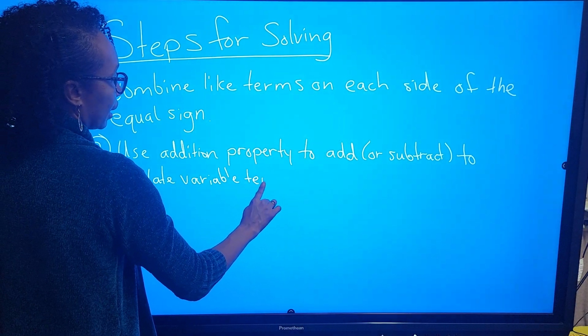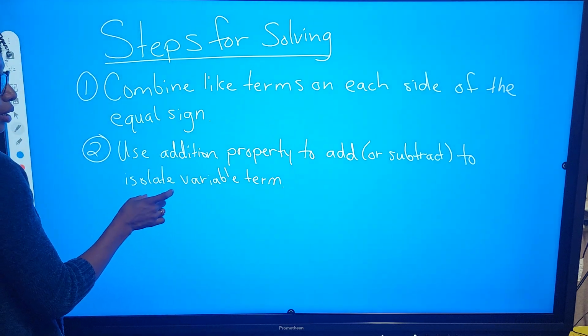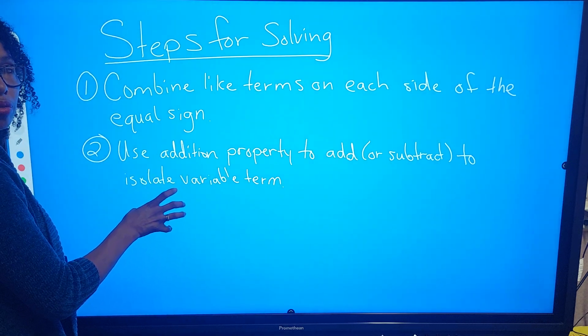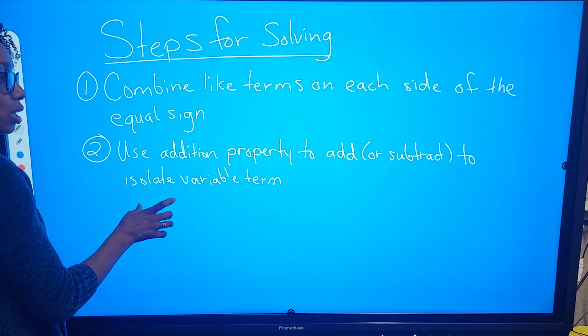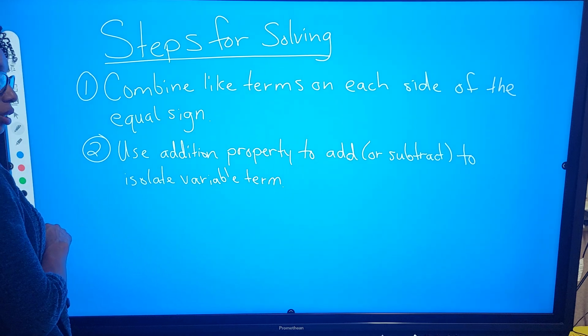And what I mean by isolate the variable term means I want to end up with just the number with the letter, okay? That term that had the letter on it. I want that to be the only term on one of the sides of the equal sign.